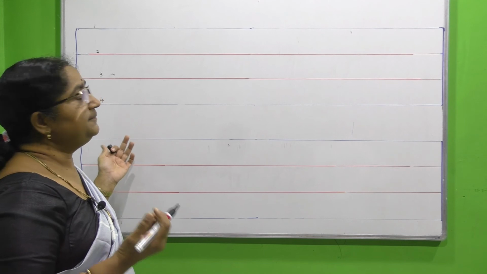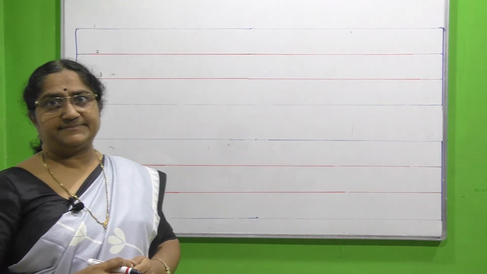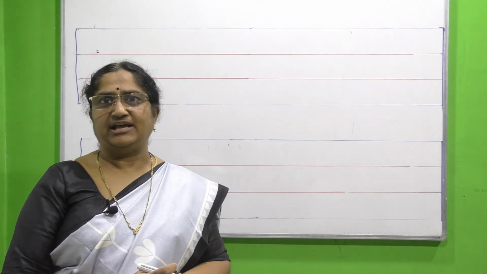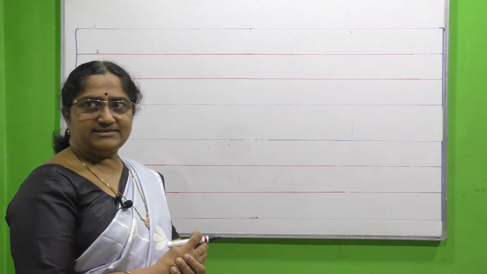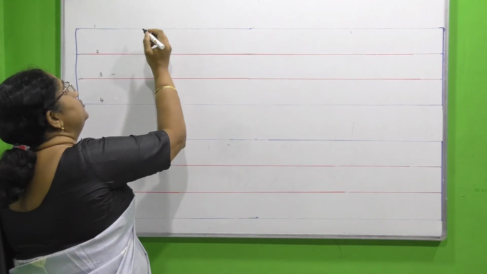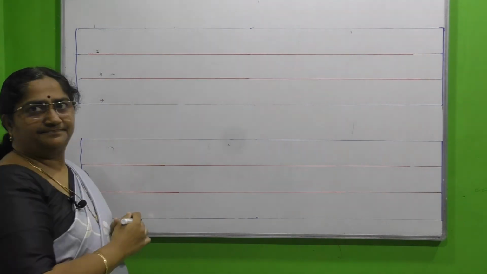So let's move on. What are these upper zone letters or ascenders? And how many ascenders are there in the English alphabet? Ascenders are the letters which use line number 1, 2 and 3.